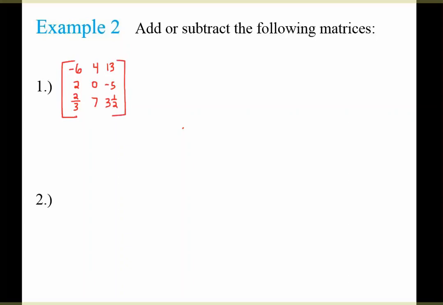Okay, and we're going to add this to another 3 by 3 matrix. And here are the entries. 3, -10, 3/4, 1/2, -3, 7, -8, -7, 5.